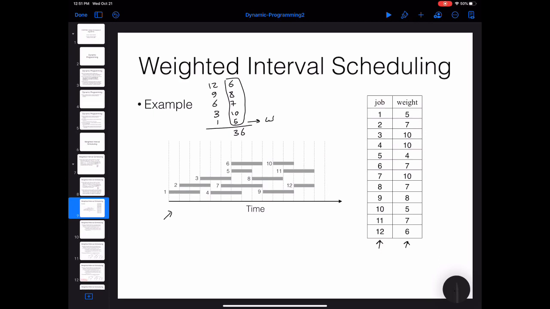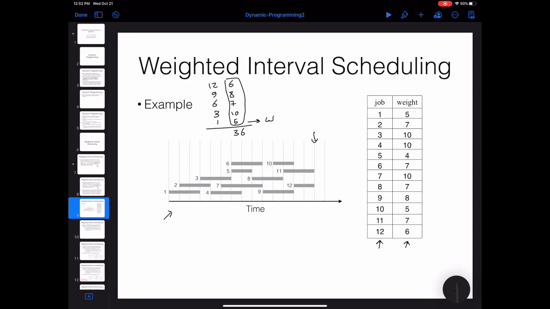What is the algorithm? It says, start from the last time that you have a job, the finish time of the last job, and if you have more than one job finishing at that time, you choose the one that has the shortest length.